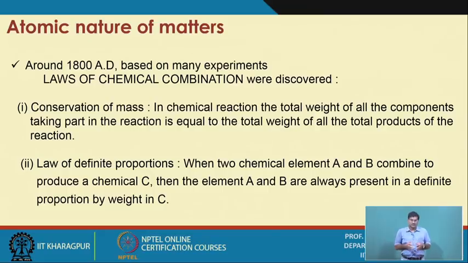Before reaction, we have individual components, they react, and then after reaction we get the product. So, the total mass of the components before reaction is equal to the total mass of the product after reaction. So, that was one experimental observation, which generally we call the laws of chemical combination.